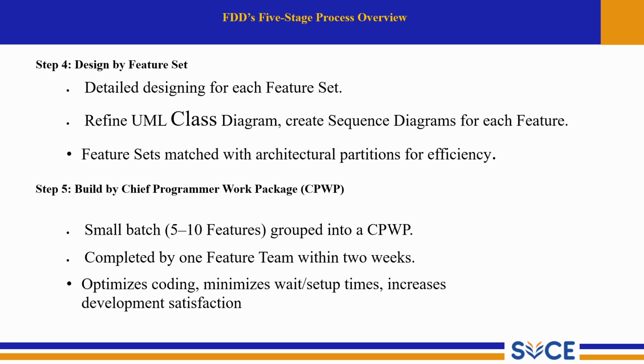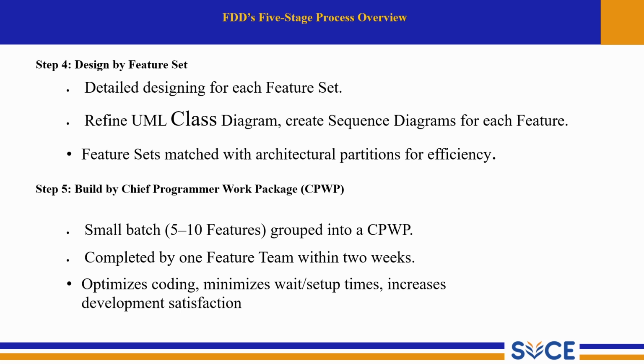And next one is define the UML class diagram. Create a sequence diagram for each feature. The class diagram is improved for accuracy and sequence diagrams are prepared to show how the system elements interact with each feature.